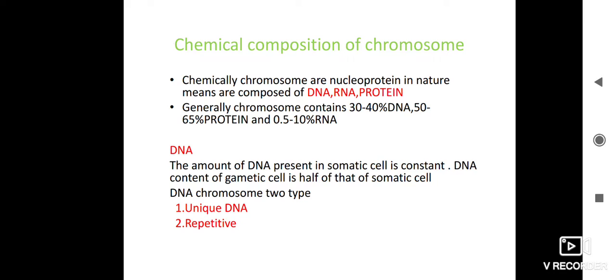First, DNA. The amount of DNA present in a somatic cell is constant. The DNA content of a gametic cell is half of the somatic cell. Chromosomal DNA is of two types: unique DNA and repetitive DNA.